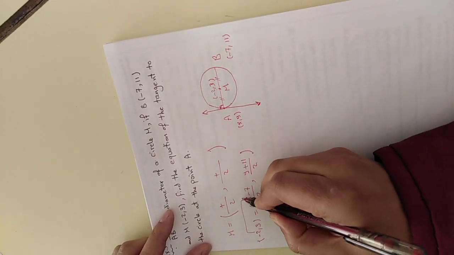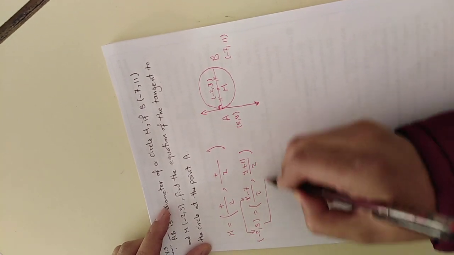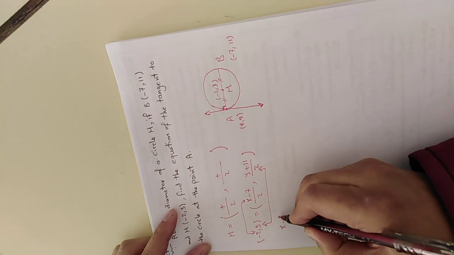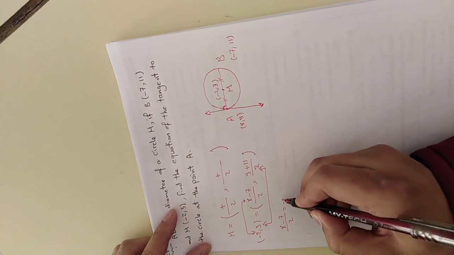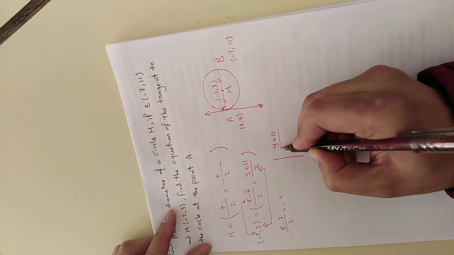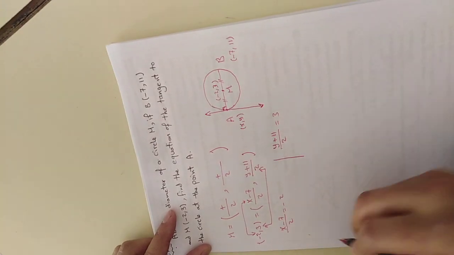The first equals the first, and the second equals the second. Okay, x minus 7 over 2 equals negative 2, and y plus 11 over 2 equals 3.